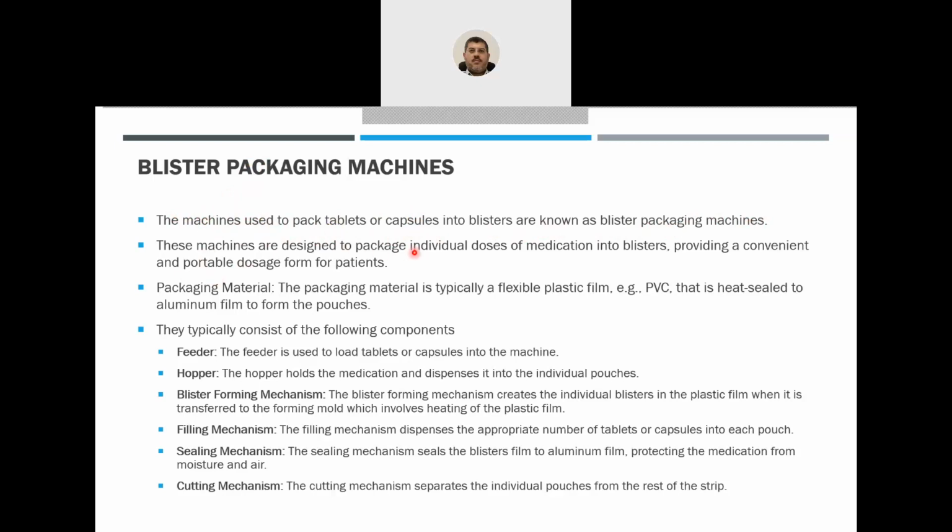They are designed to package individual doses of medication into blisters. So each blister will have one tablet or one capsule. This is a convenient and portable dosage form for patients. The packaging material used, as we mentioned, you have two types. You have flexible plastic film, which is usually flexible but hard, made from PVC, PVDC.